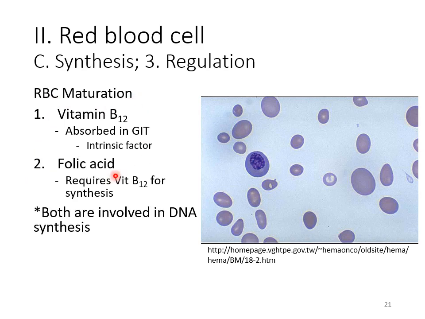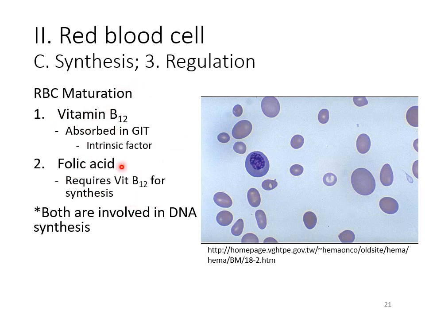These are vitamins that are very important in DNA synthesis. Vitamin B12 is absorbed in the gastrointestinal tract, and very important for its absorption is what we call the intrinsic factor. The intrinsic factor is a protein produced by your stomach which facilitates the absorption of vitamin B12. And your folic acid is closely related to your vitamin B12 because it requires vitamin B12 for synthesis.